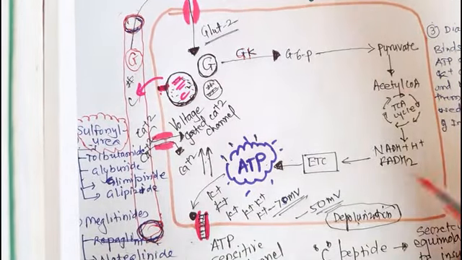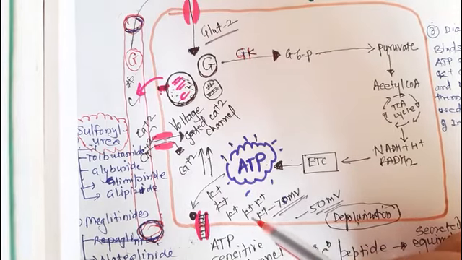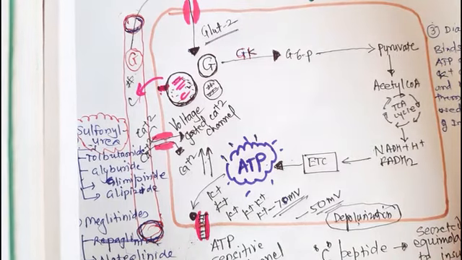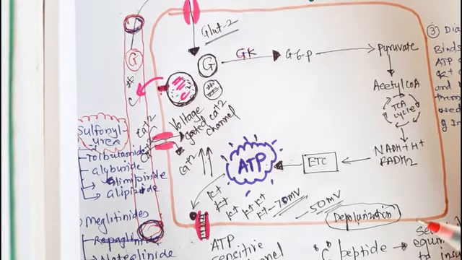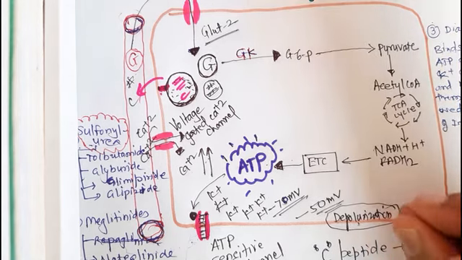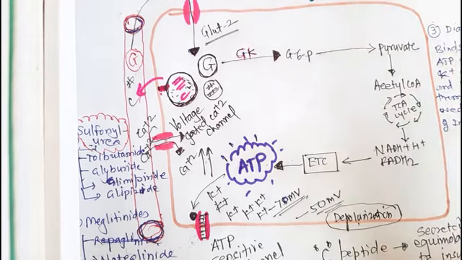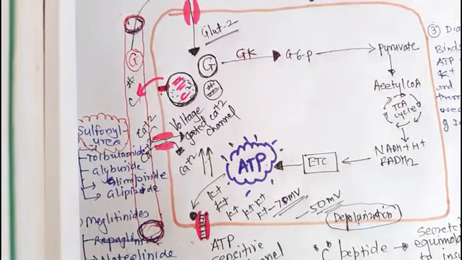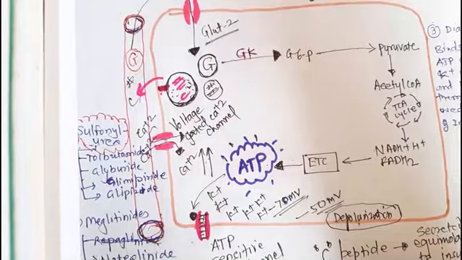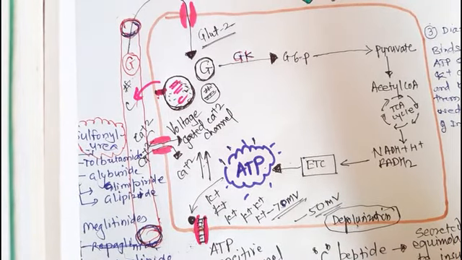The blocking and opening of these channels can be exploited for the action of various drugs used in diabetes mellitus. Which drugs and which channels are involved, we'll see in this particular lecture, in continuation with the previous lecture.